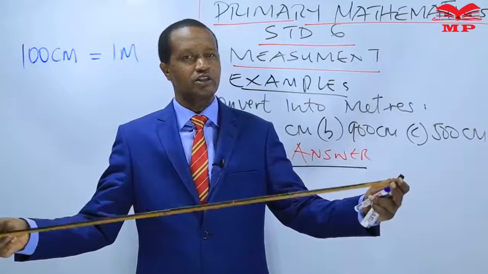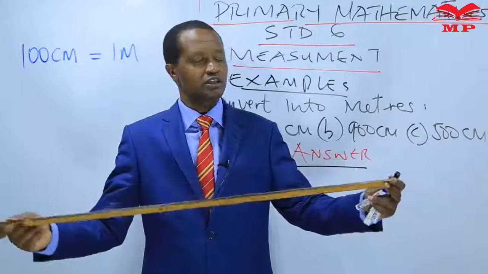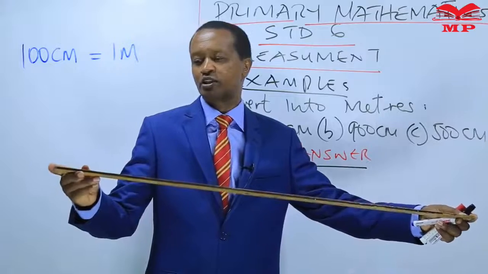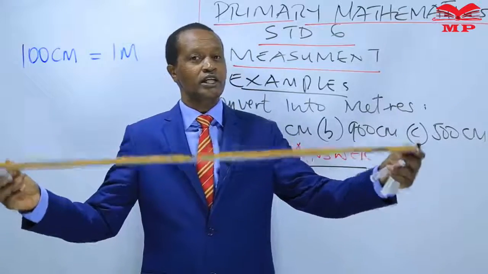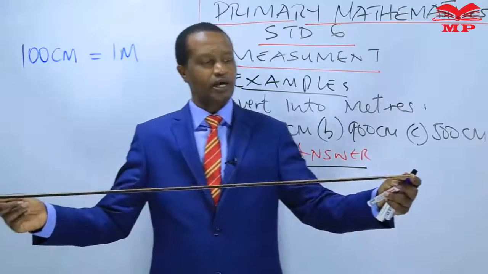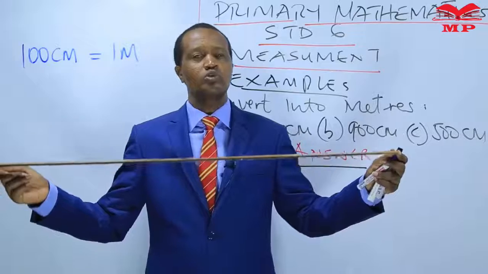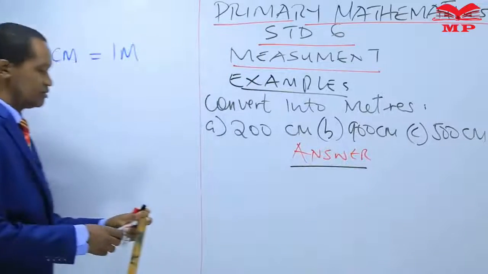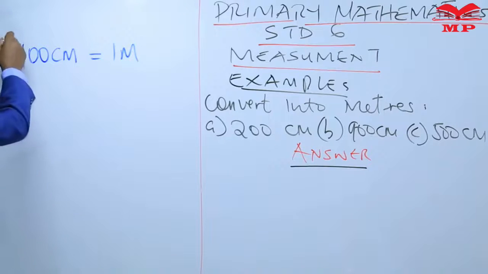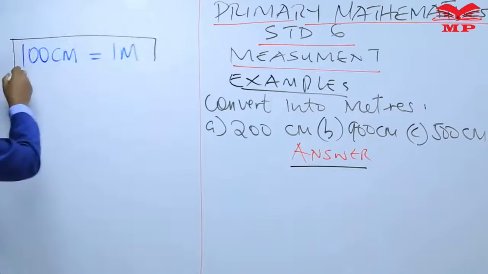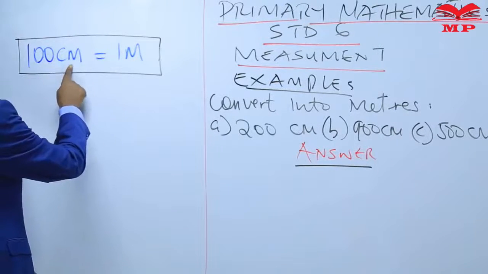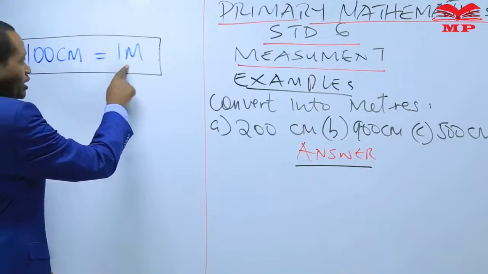If you measure this ruler in centimeters, from this point to this point, the length is 100 centimeters. So 100 centimeters is equal to 1 meter.